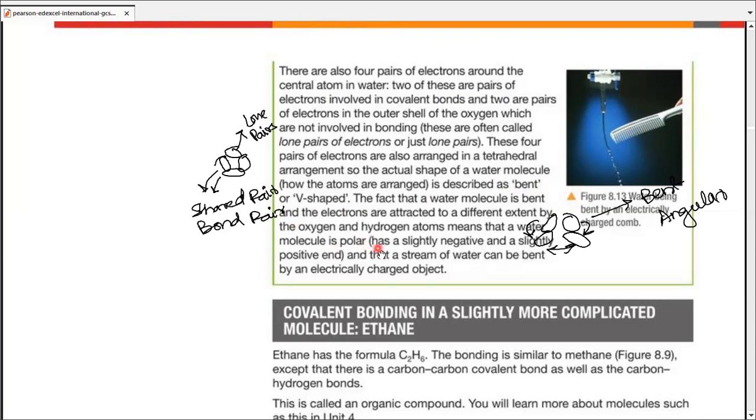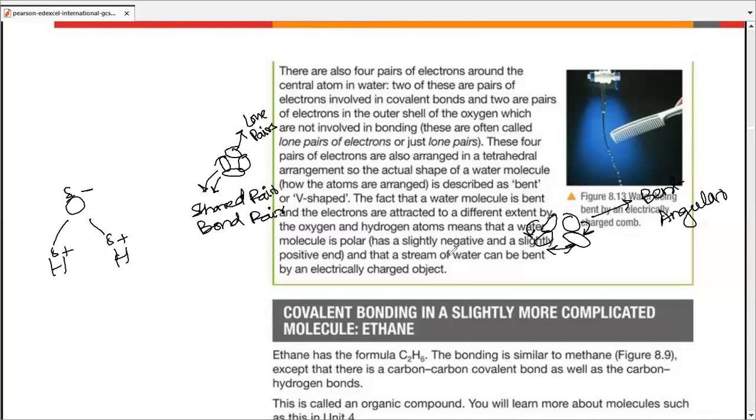And the molecule is slightly polar. It has a slightly negative charge on one end and positive on the other. Actually, the negative end is of oxygen and the slightly positive end is both of those of hydrogen. We use a partial sign in order to explain how the charges are slight and not complete.